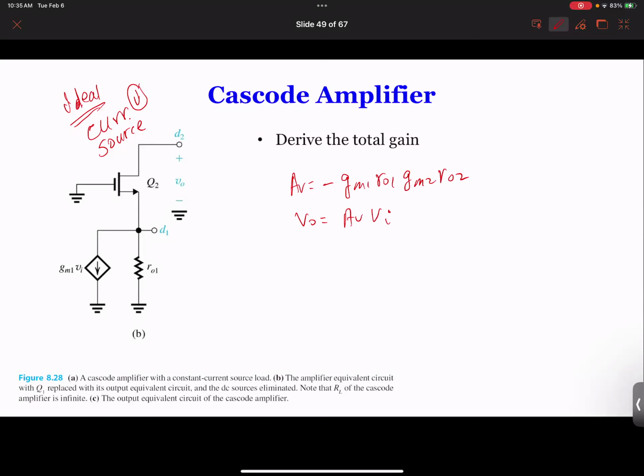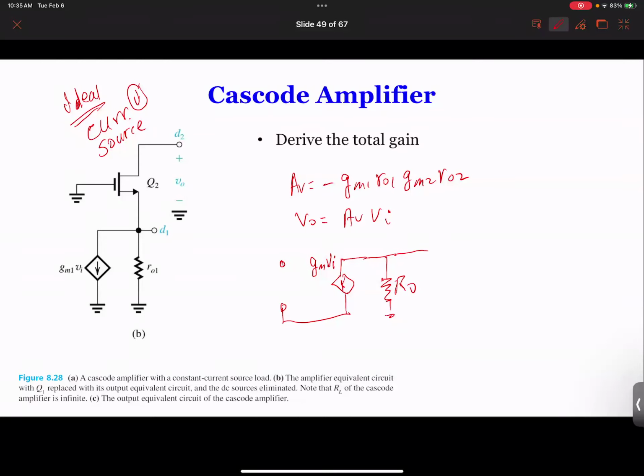And then the input current is going to be, let's see how we got the equivalent resistance. So the equivalent circuit is going to look like this. Sorry, we need to do this again. Just like RO, that's GM1 times VI, it's the current.